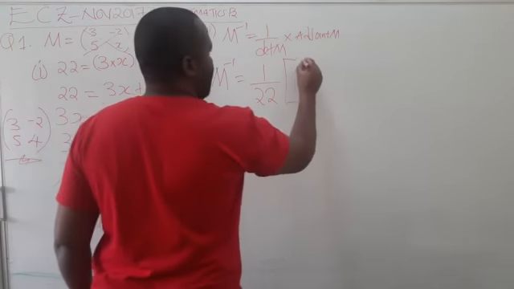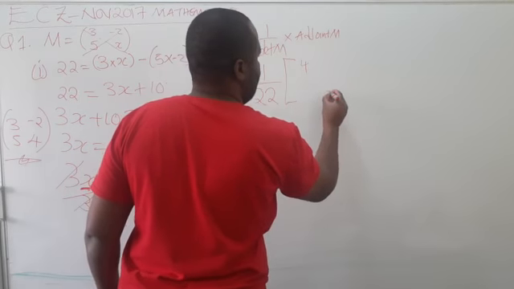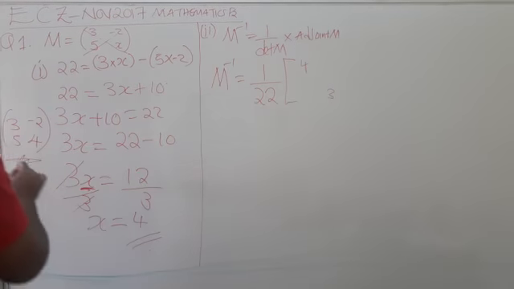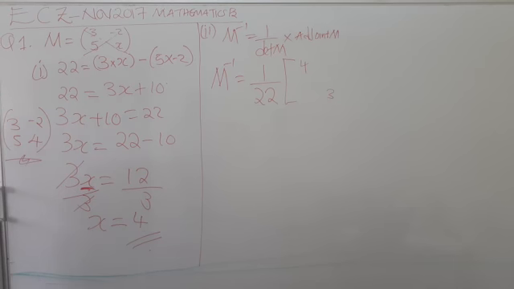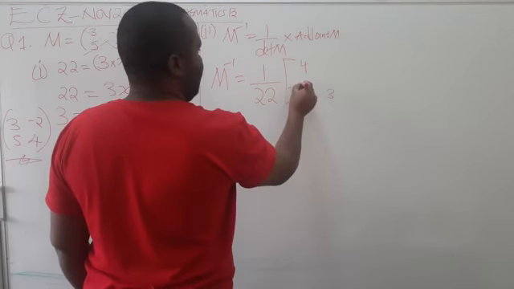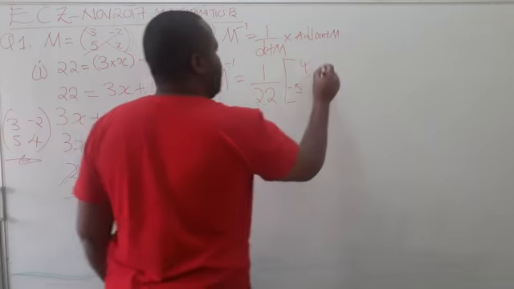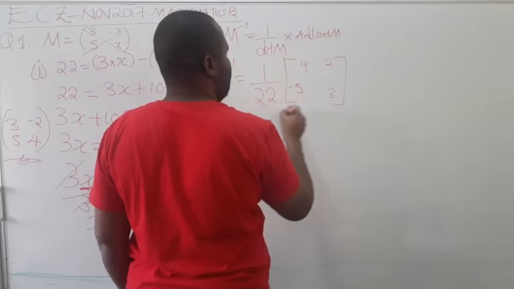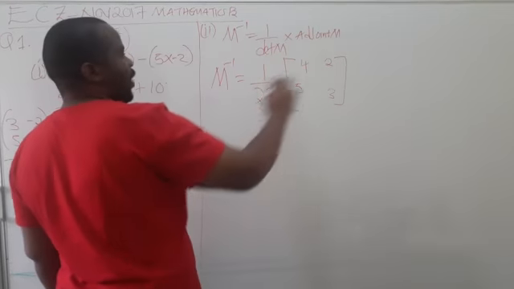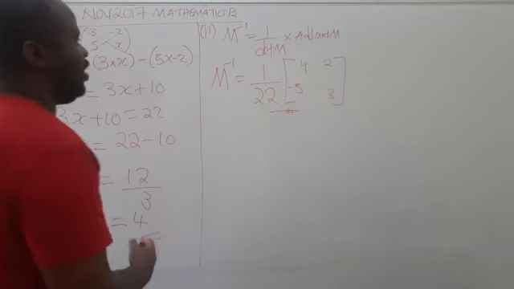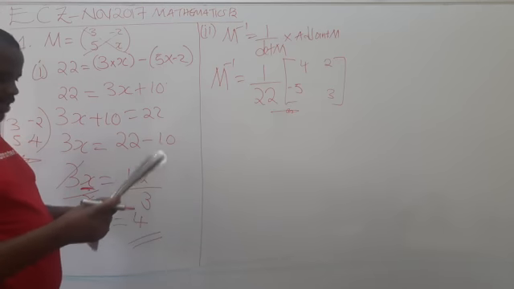But for the other elements, multiply by negative. So negative by positive you have negative 5. Then negative by negative you have positive 2. And this one is your answer. You can multiply, there's no problem. But according to the definition, that is our answer.